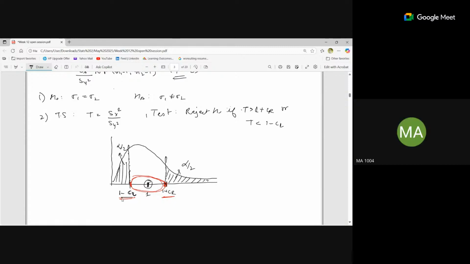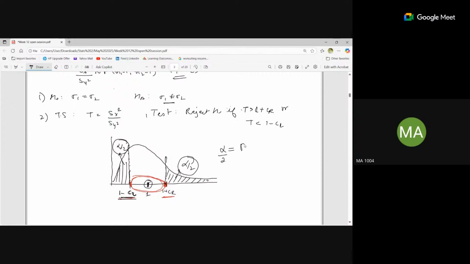See, these are my critical values, and these are my significance values, alpha by 2. So this is a two-tailed test. If I have a two-tailed test, my rejection region would be divided into two, alpha by 2 and alpha by 2. If I have only a one-tailed test, right-tailed or left-tailed, then I would have only alpha.